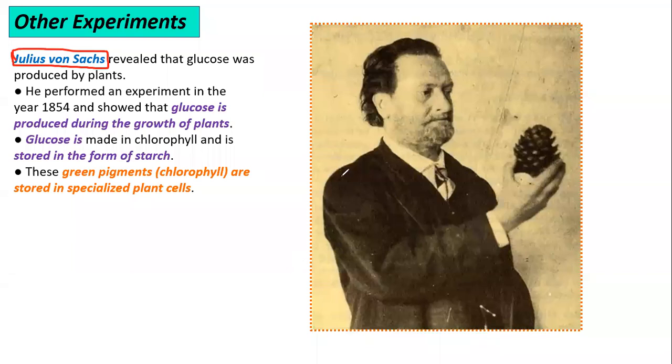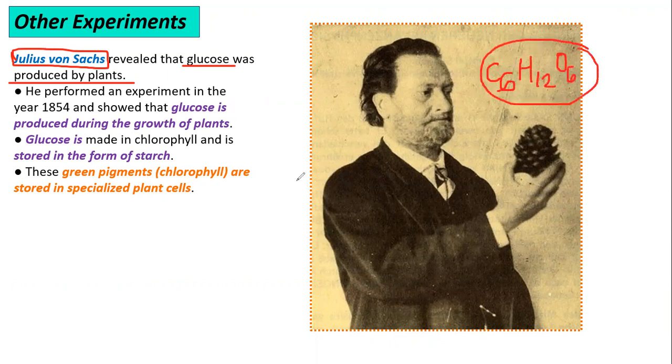About the hydroponics technique we have already studied, and I told you we will study the scientists in photosynthesis. He revealed that glucose was produced by the plants. We knew the plants prepared a sugar, but we were not able to identify which sugar. Julius von Sachs identified that sugar as C6H12O6, that is, glucose.